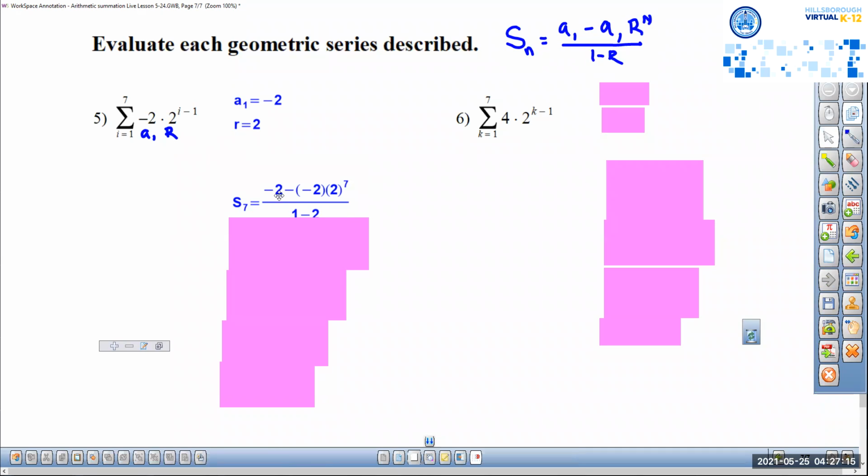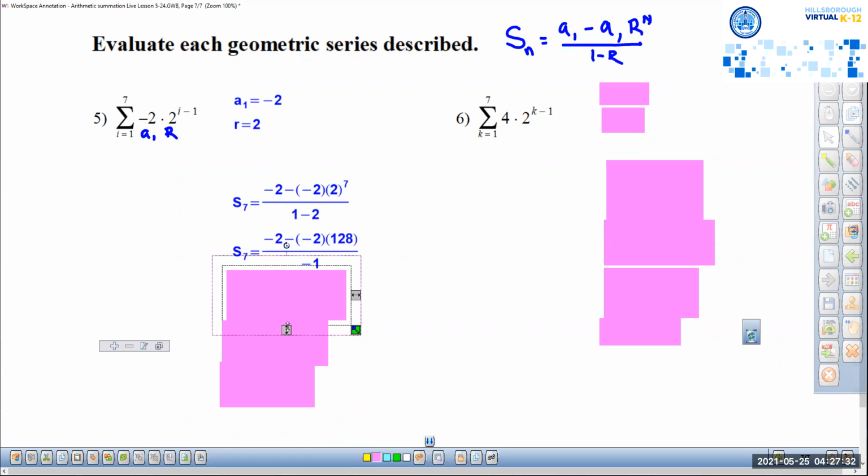So if there's your -2 minus, put in parentheses -2, your ratio is 2, it's to the 7th, and then 1 minus 2. Simplify the 2 to the 7th and get 128. You can simplify the 1 minus 2 and get -1. Then -2 times 128 is -256.